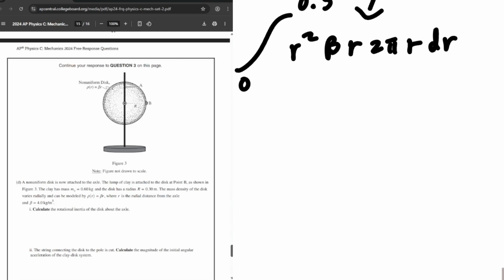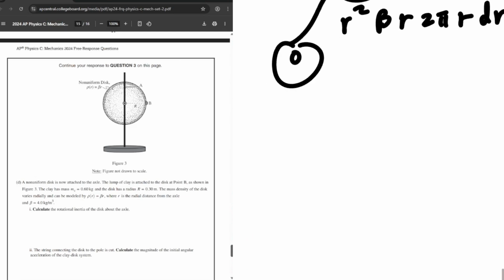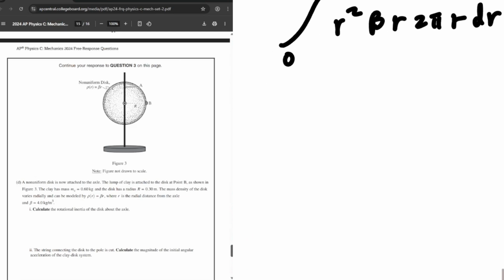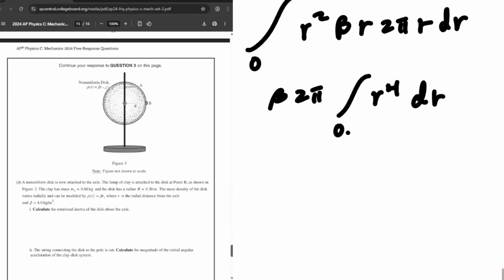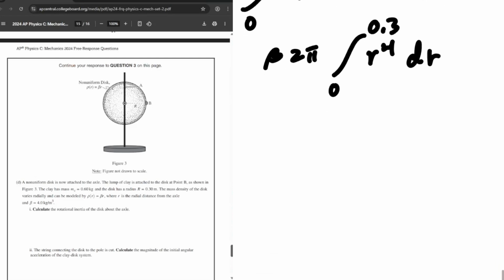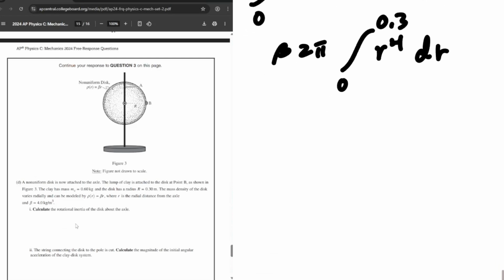So we take all our constants out: b 2 pi integral of r squared times r, which gives r to the fourth, dr, from 0 to 0.3. And now I can plug this into my calculator because they gave us b.